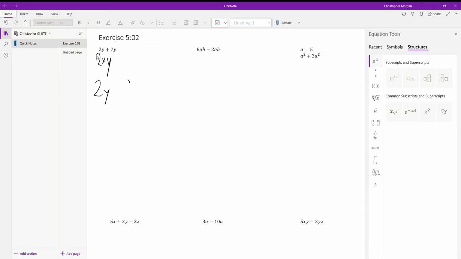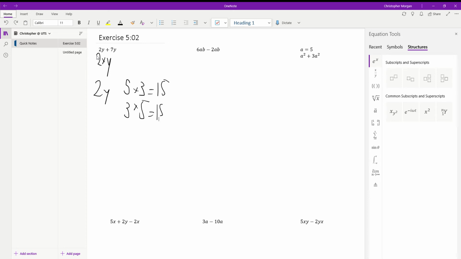Because remember that 5 times 3 equals 15. Well, that's the same as saying 3 times 5. That also equals 15.